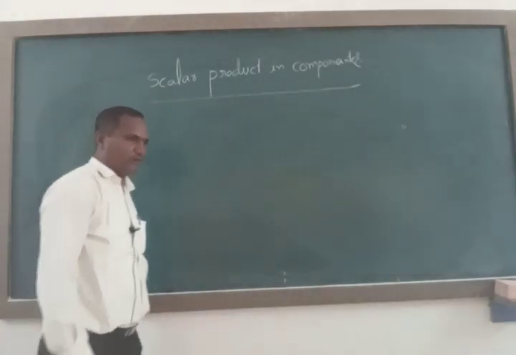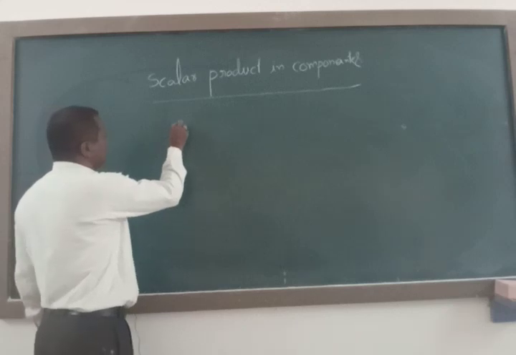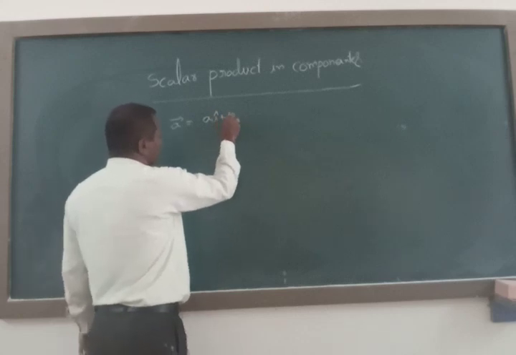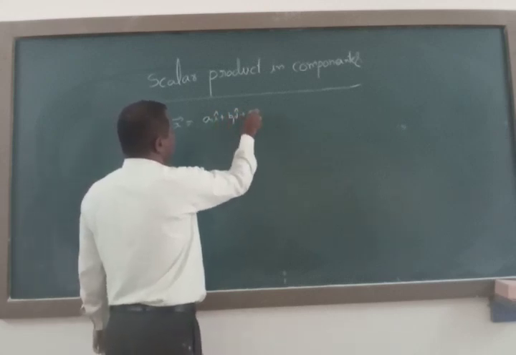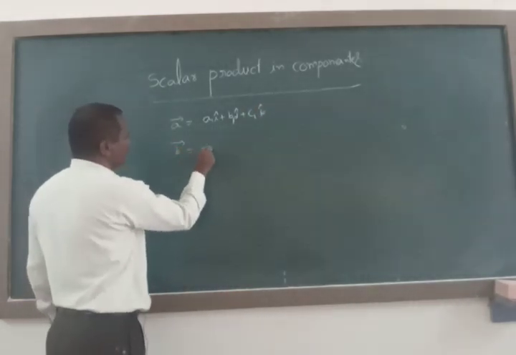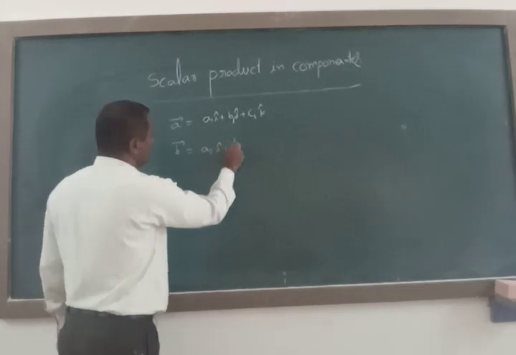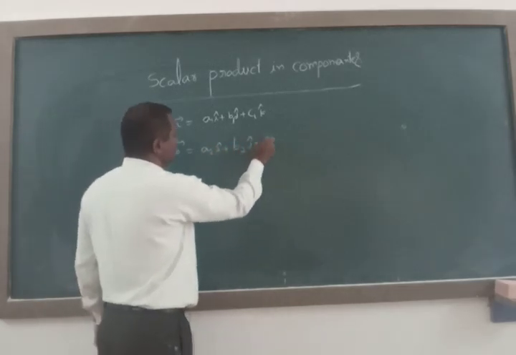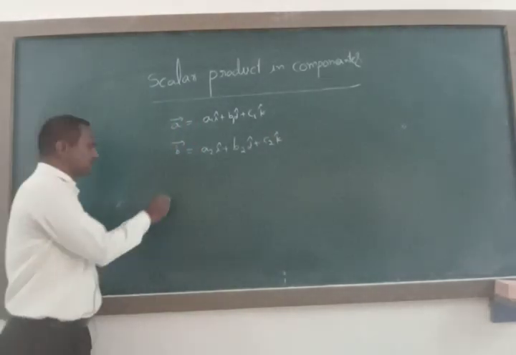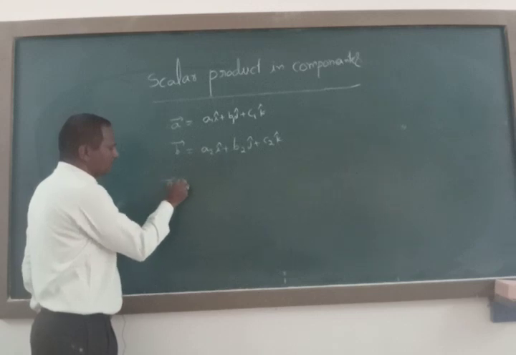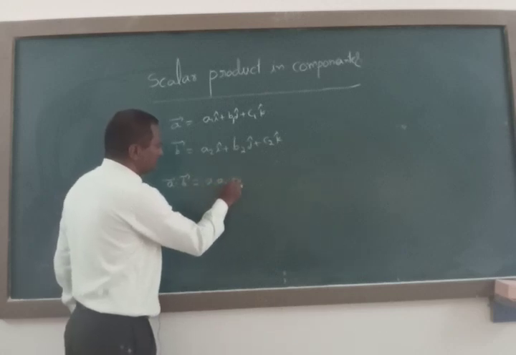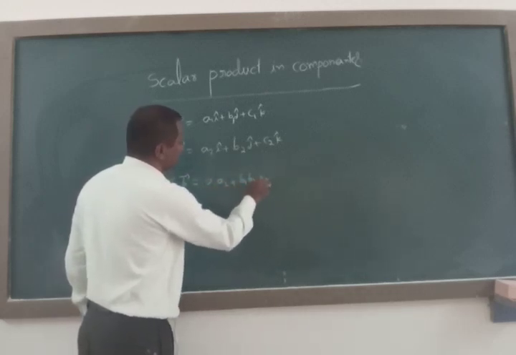Let A bar and B bar be any two vectors, say A bar is equal to A1 i cap plus B1 j cap plus C1 k cap, and B bar is equal to A2 i cap plus B2 j cap plus C2 k cap. Then the dot product of these two vectors can be written as A bar dot B bar is equal to A1 A2 plus B1 B2 plus C1 C2.